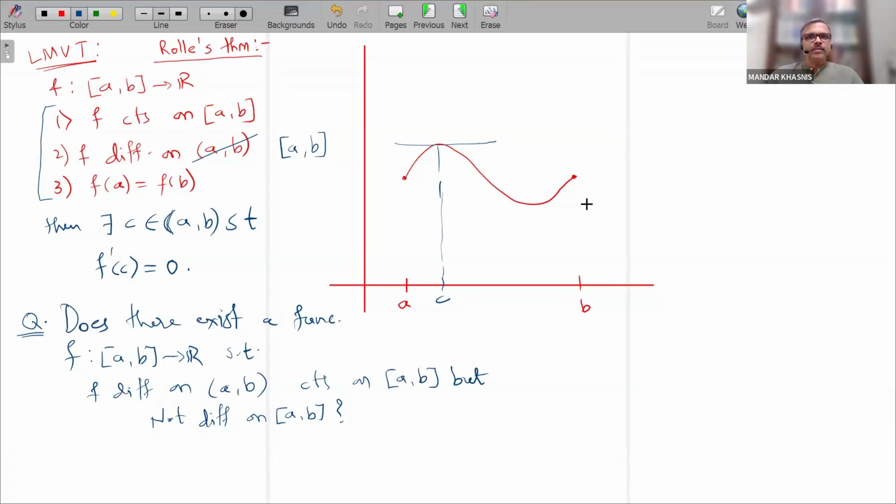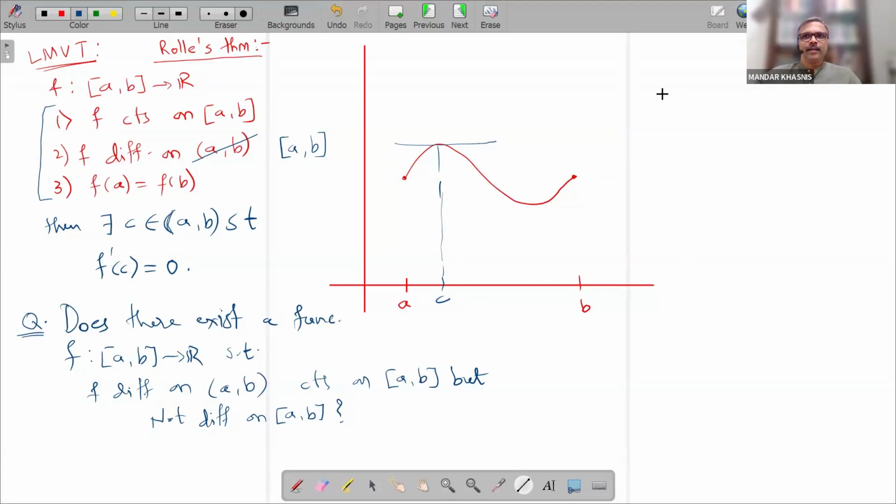So should I draw a picture? Then you can guess the function. I am sure all of us have worked with this in 11th, 12th. We have calculated its derivative, but we never bothered to ask where this derivative exists.